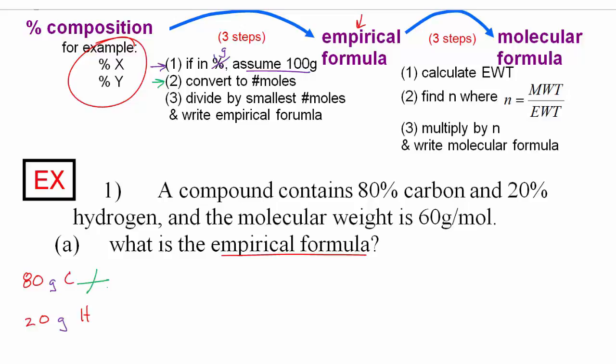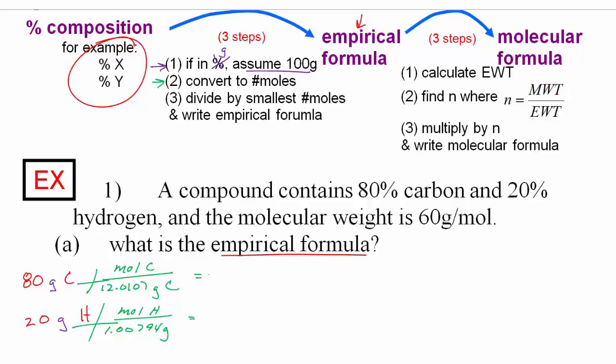Carbon is 12.0107. 12.0107 grams of carbon in a mole of carbon. Hydrogen is 1.00794. 1.00794 grams of hydrogen in a mole of hydrogen.